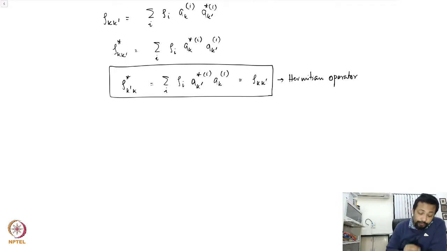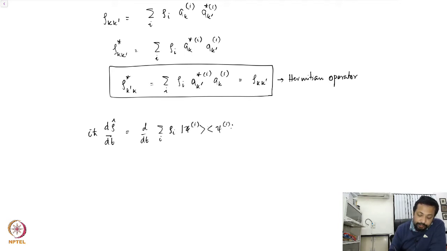So now we want to discuss the time evolution of the density operator rho hat, and we will start off with this expression, right? And for this we will write down the density matrix as the sum over I of rho I, in the simplest of its form, |psi I><psi I|, right?